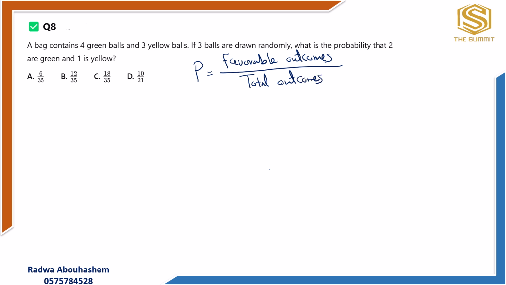So I need the combination of choosing 2 out of 4, times the combination of choosing 1 out of 3, over the combination of choosing 3 out of the total, which is 7.